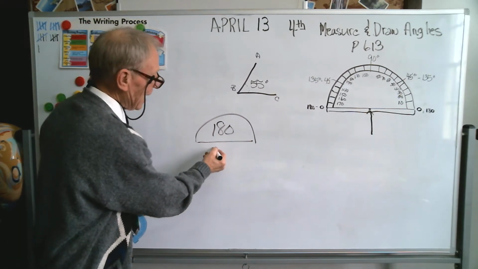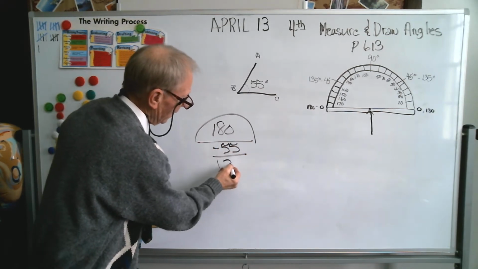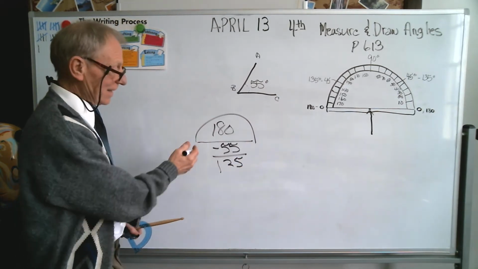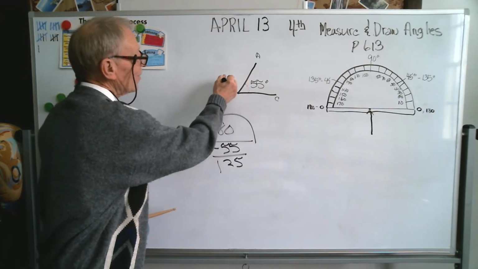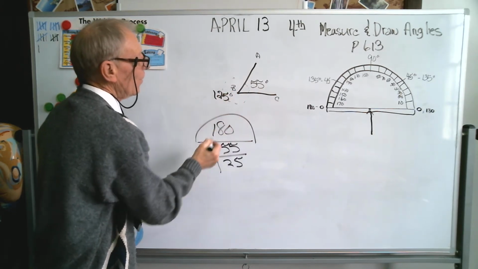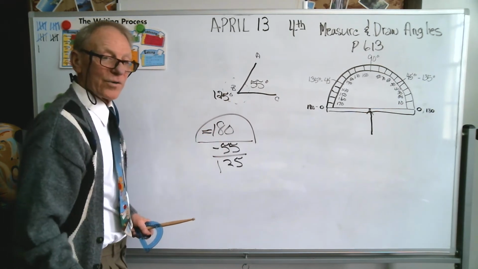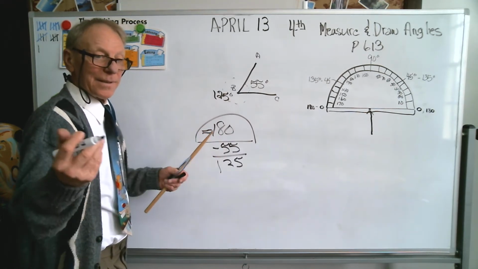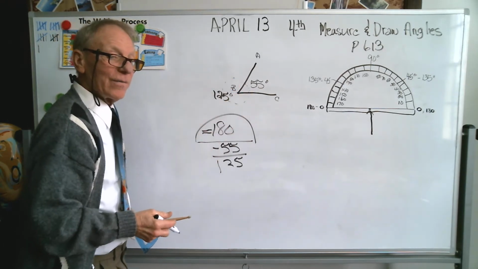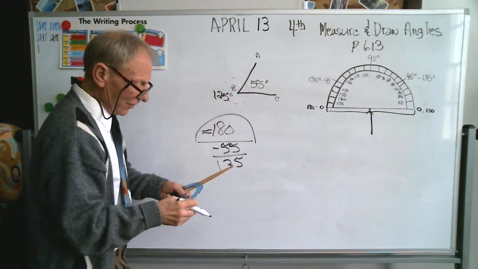So you take the 180, subtract 55, and it's 125. That's the difference. So this angle is 125 degrees. Why? Because the two of them added together has to equal 180. Really simple.